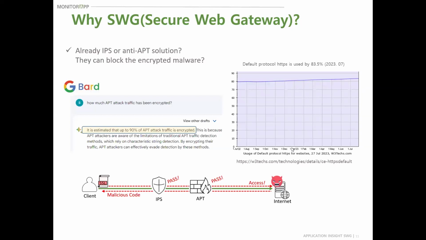But if you have inline security appliances like IPS, NG-Firewall, DLP, or anti-APT, then you cannot use them 100% perfectly because they basically cannot decrypt the encrypted traffic. But SWG can do 100%. That's why SWG is required more recently.